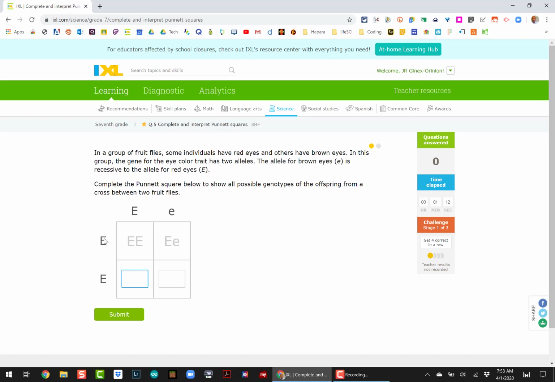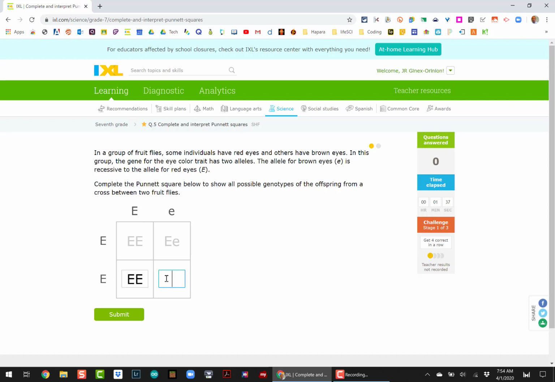Just like how you've learned it from the previous lessons, all you really need to do is take a look at this E right here and this E right here. Those are the alleles that the offspring are receiving from the parents. So this box would be capital E and capital E, because that's a capital E and this is a capital E right here.